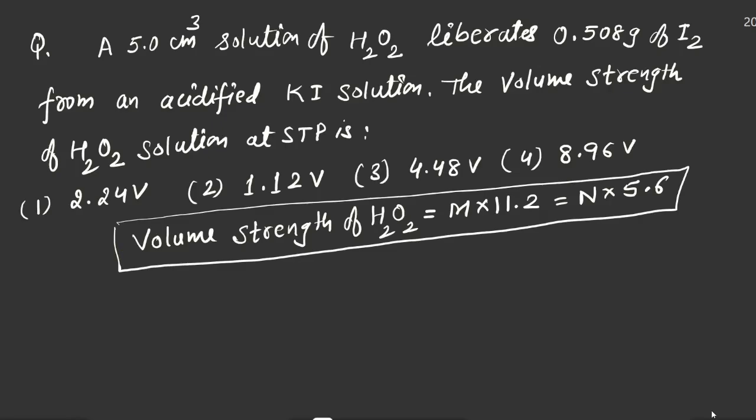Question is, a 5 centimeter cube solution of H2O2 liberates 0.508 gram of I2 from an acidified KI solution. The volume strength of H2O2 solution at STP is. So we have a relation between H2O2 and I2. And what is the N factor of both?